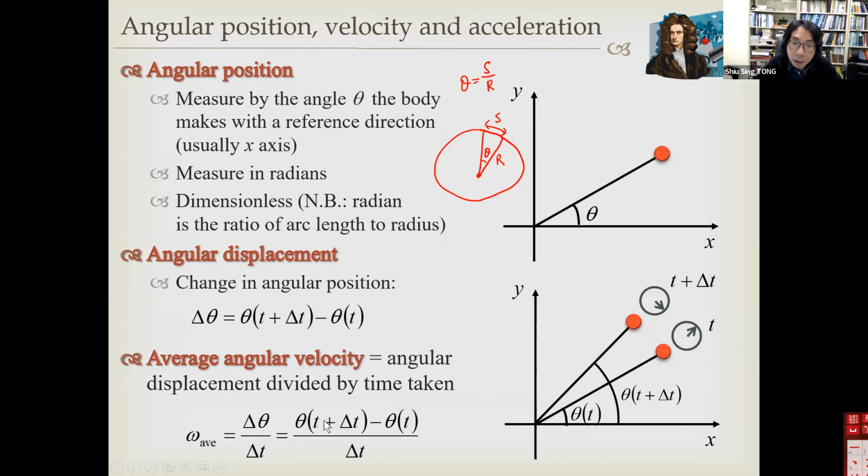So by this formula, I have theta at t plus delta t minus theta at t, divided by delta t. Now this diagram gives you a heuristic understanding. This is the position at time t, and this is the position at time t plus delta t. So the difference between the two angles will be this delta theta. Okay, so I divide the delta theta by delta t, I get the angular velocity. But that is the average quantity only, because the angular velocity might itself be changing with time.